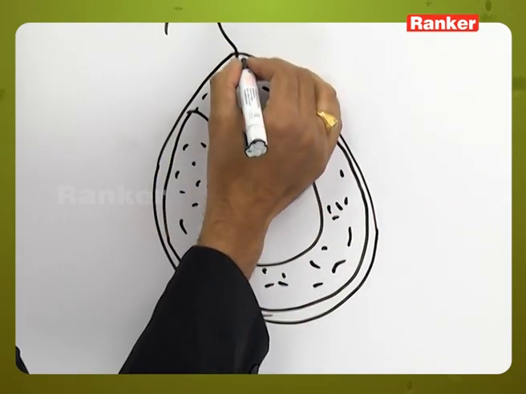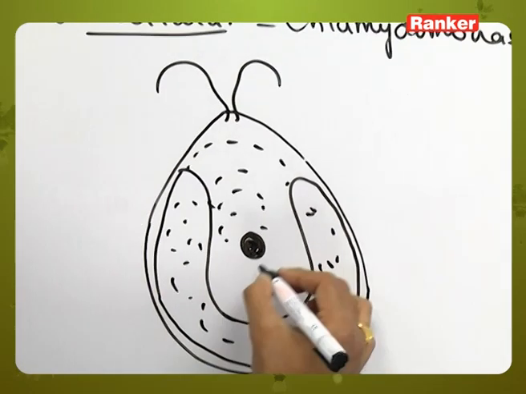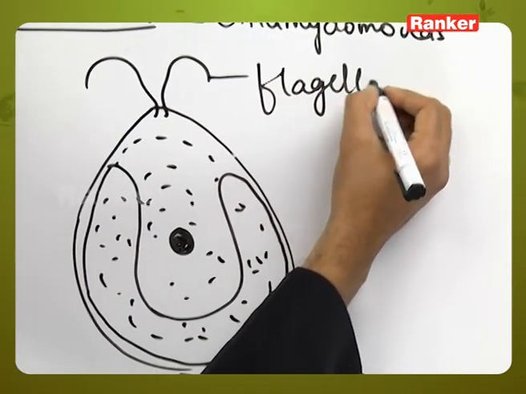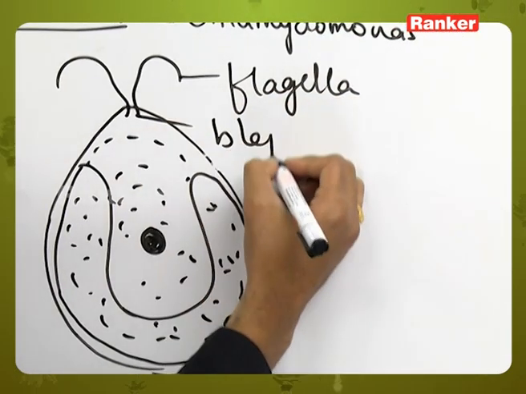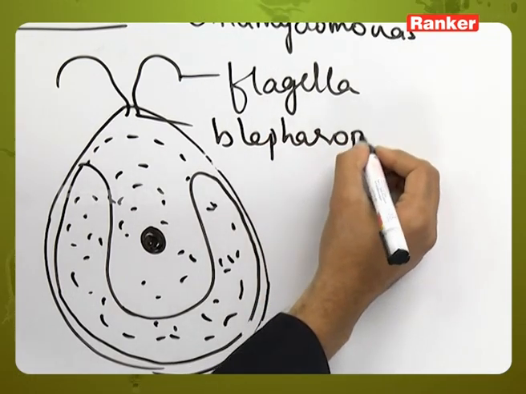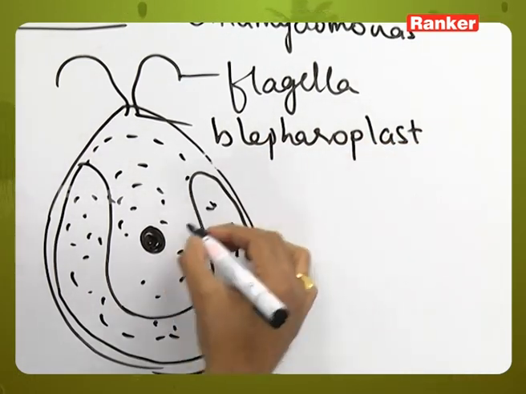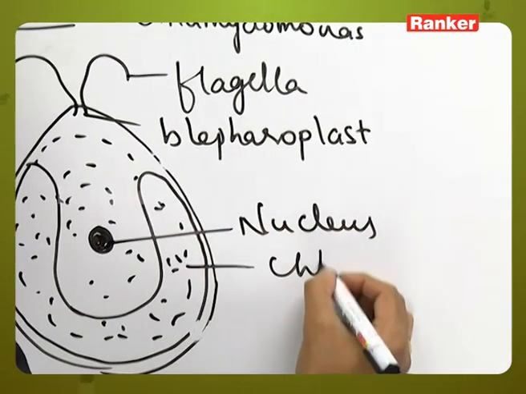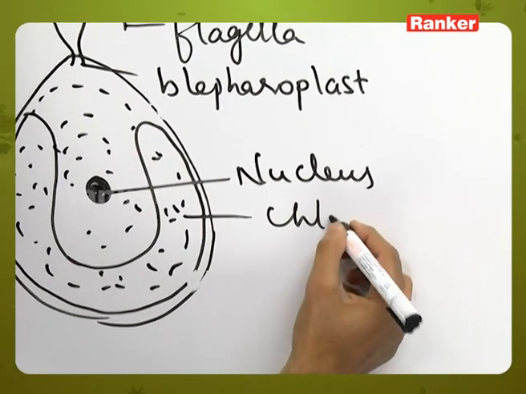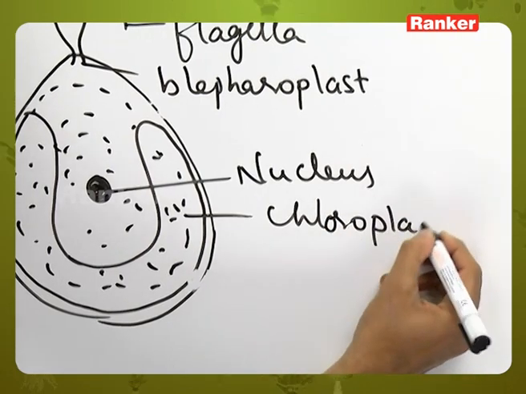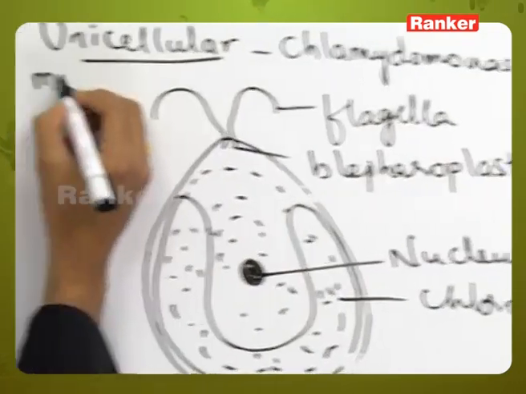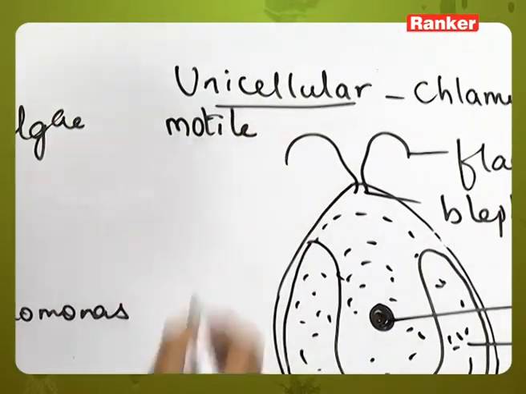And the flagella will be arising. Two flagella are present. This is a blepharoplast from where the flagella will arise, and nucleus, cup shaped chloroplast. So Chlamydomonas is an unicellular and motile structure.